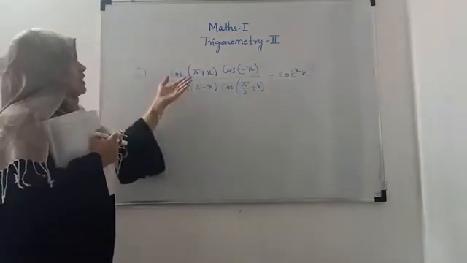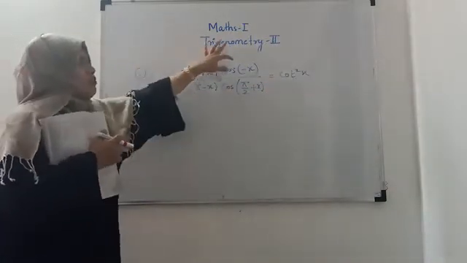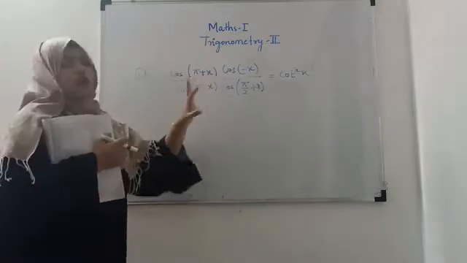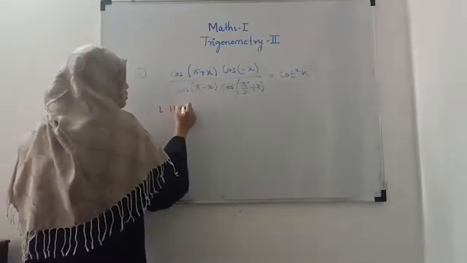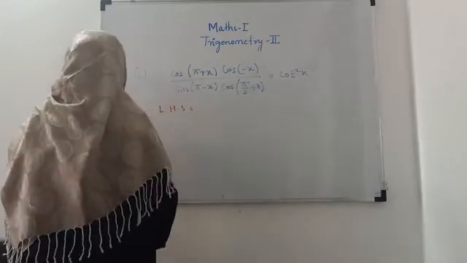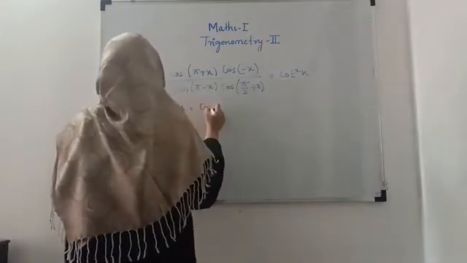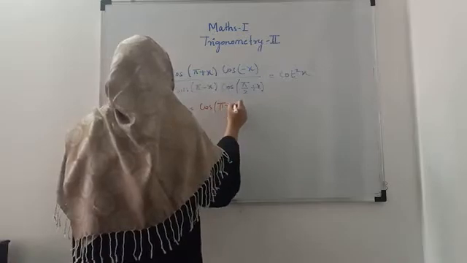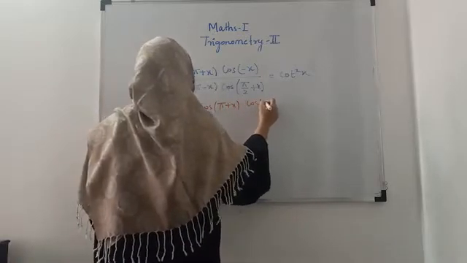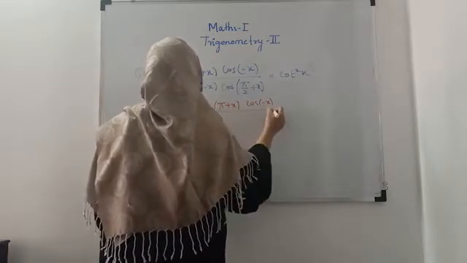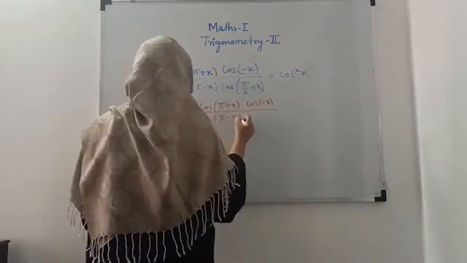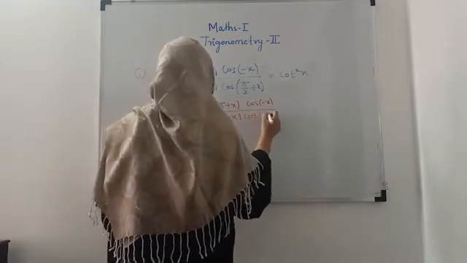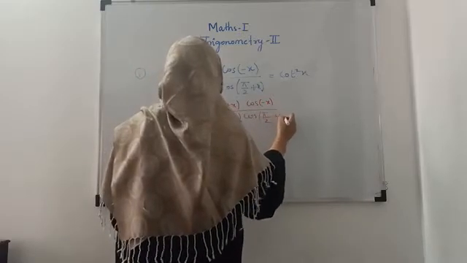Now you can see in each term you have to use the formula for the allied angle. So LHS is equal to cos(pi plus x) into cos(minus x) divided by sin(pi minus x) into cos(pi by 2 plus x).